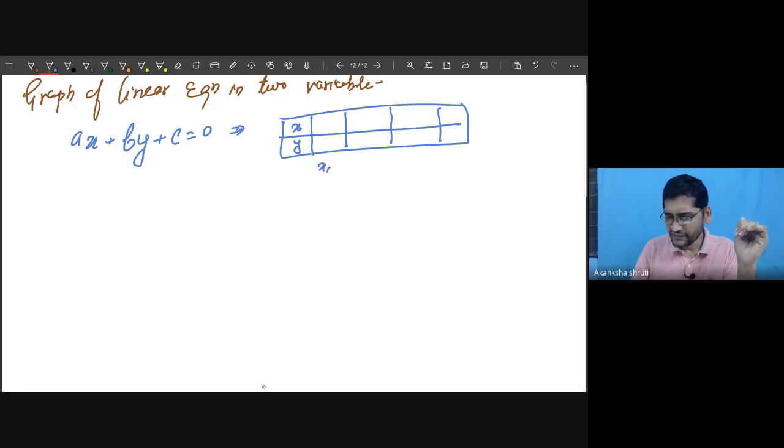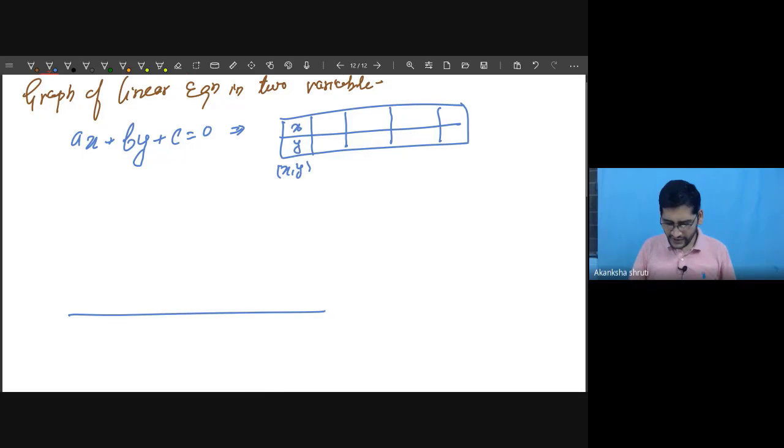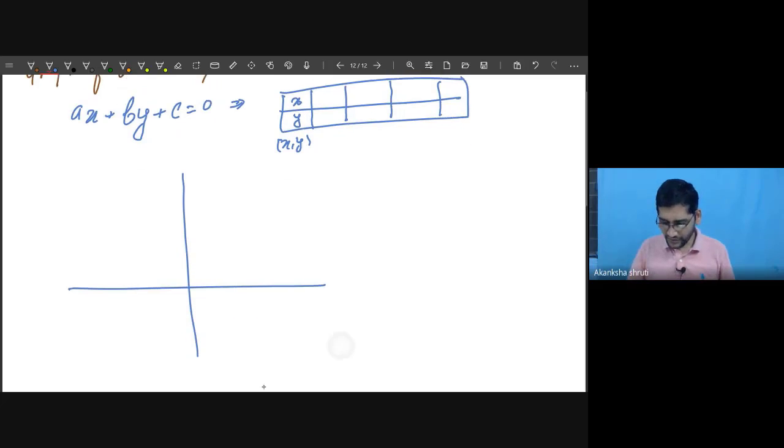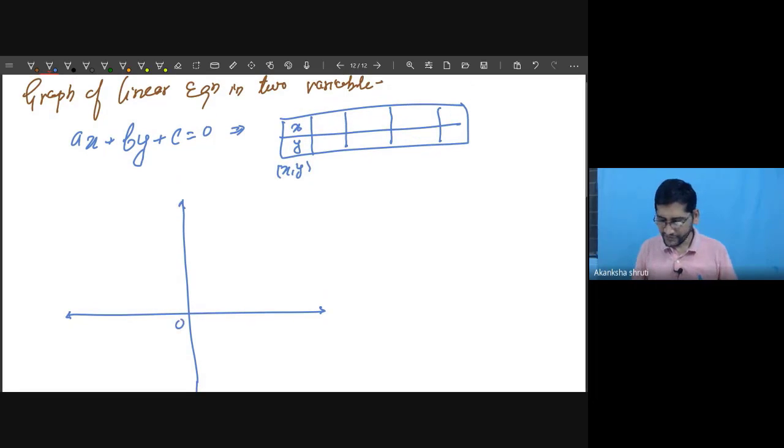So this way xy pairs you can get. Then we plot these over the coordinate system. How to plot? The coordinates we have just learned. So plotting this, you will always get that these points lie on a straight line.